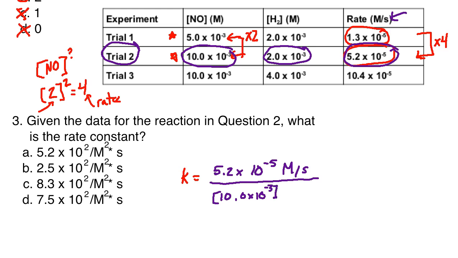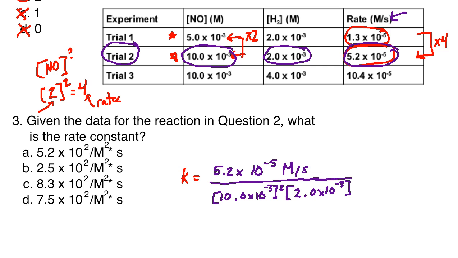Now keep in mind that this is going to be squared, because we determined, as far as the rate order was concerned for the nitrogen monoxide, that it would be second order. And the hydrogen here, you would need to look at this and compare it, but you should be able, if you look at the data, to find out that it is first order. So you would need 2.0 times 10 to the minus 3, and you don't need to raise that to anything. That can stay just how it is there.